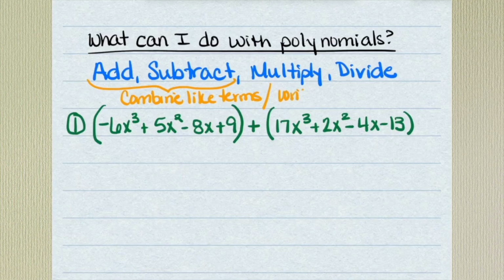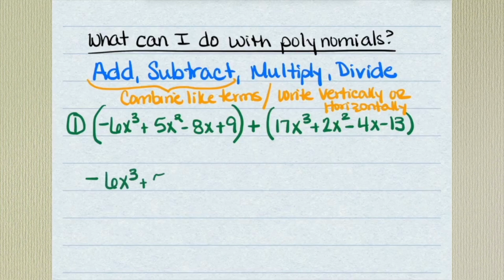vertically or horizontally. And you're like, well, Dr. B, what do you mean by that? Because with adding and subtracting, you combine like terms, I could have written this just like this, and I could have said plus.